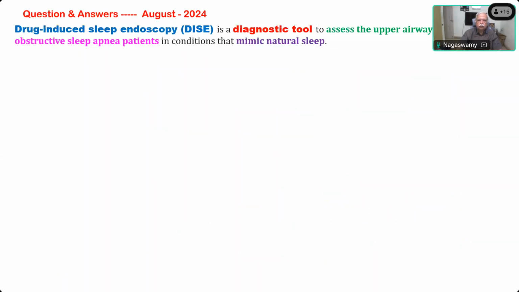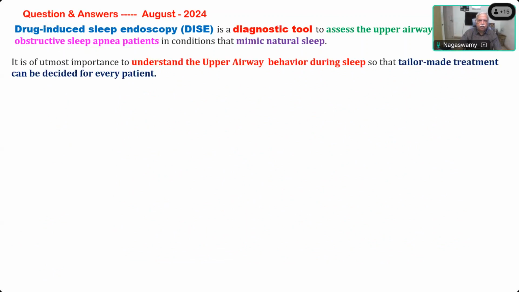So it is a diagnostic tool, as I told you, to assess the upper airway of snorers and obstructive sleep apnea patients to produce a condition like natural sleep. We have to understand the upper airway behavior during sleep so that we can produce a tailor-made solution for each and every patient.